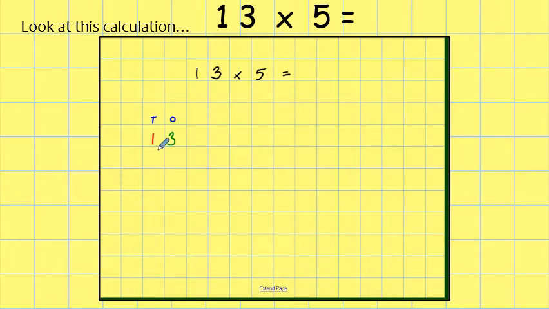The multiplier I'm going to put in black, which is multiplied by 5. My equal sign, do it straighter than me, please. Now the first thing we do, we multiply this ones number by the 5, don't we? And we know that 3 lots of 5 is 15, isn't it?